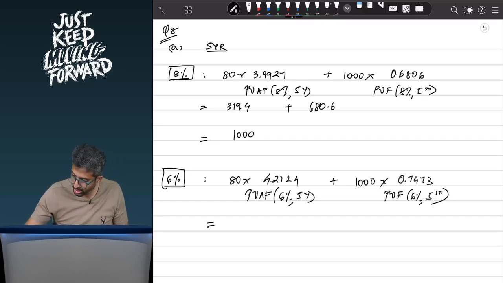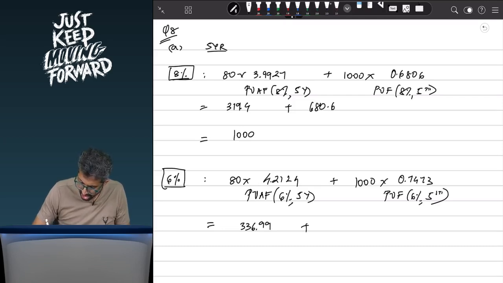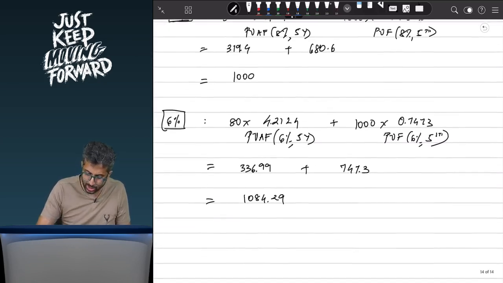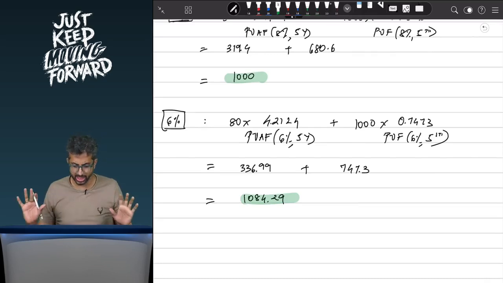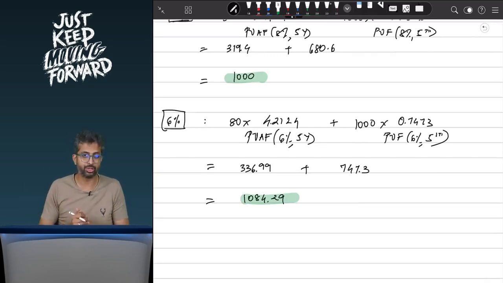Now 80 into 4.2124 comes to 336.99, and this is 747.3. If I were to total this, this comes to around 1084.29. As expected, is the bond price increasing? Yes, it is going from 1000 to 1084.